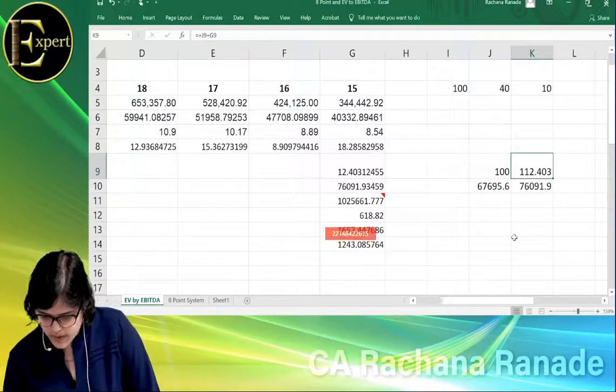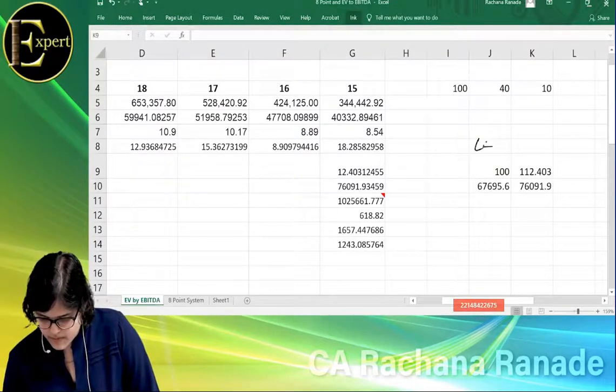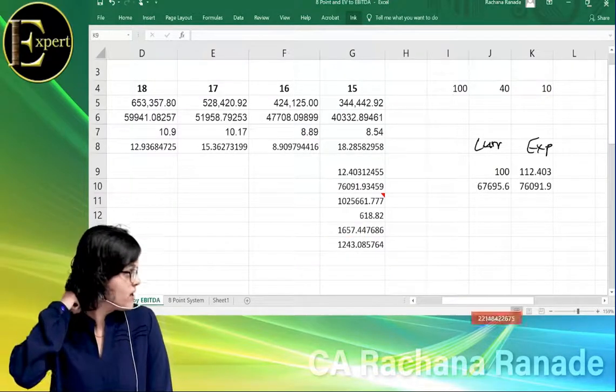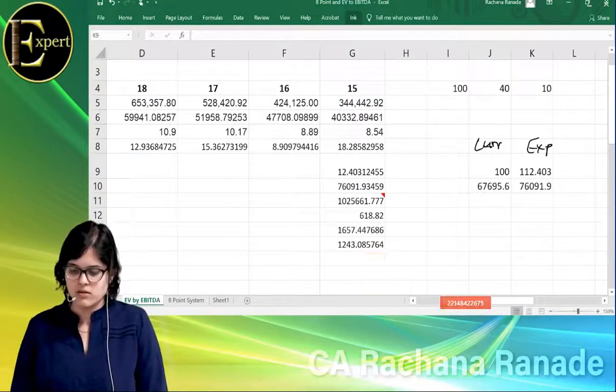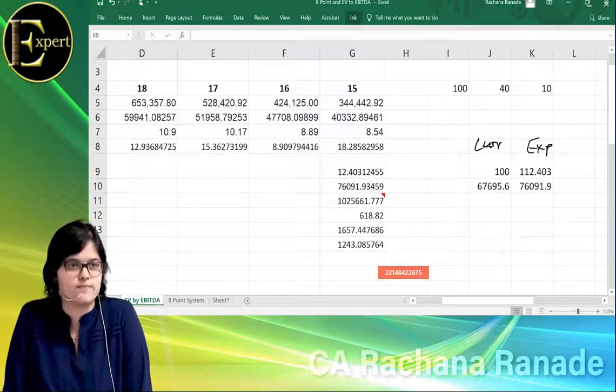So you can write here maybe if current is 100, then expected is 112.43. And if current is 67,695.6, then expected is 76,091.9.